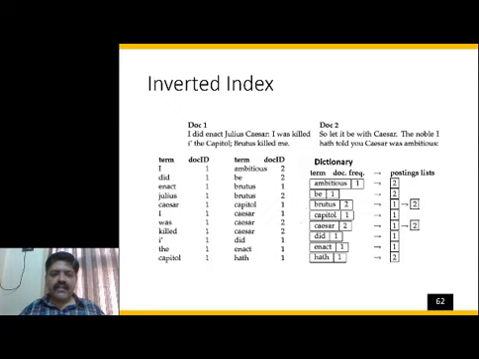So you could do efficient ways of searching. So let's say you do a binary search, so you don't have to go linearly searching for the term in a dictionary. And once you have the dictionary term, then you know which documents have it. So it's a lot faster way to respond to a query.